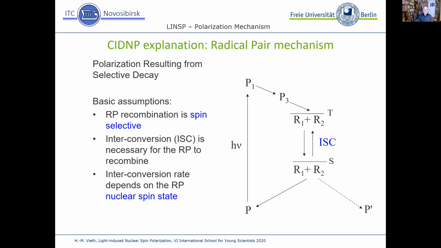So, CIDNP explanation, we carry on. We see here a reaction scheme. We start at ground state P. We shine in light, symbolized by h nu.